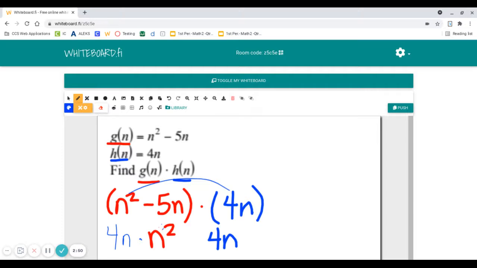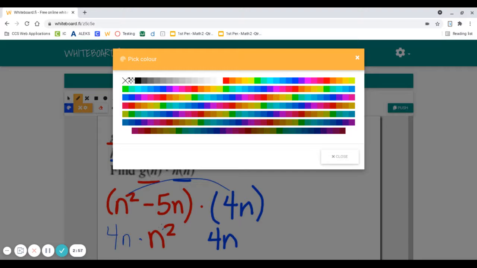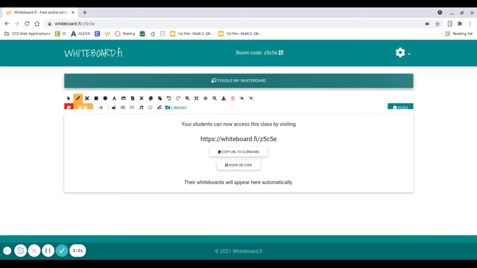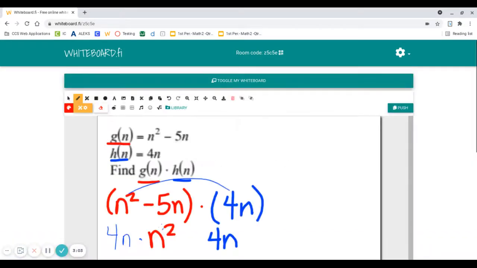So we're going to add these when we're finished, or use whatever sign comes from them. So this gets multiplied by negative 5n.